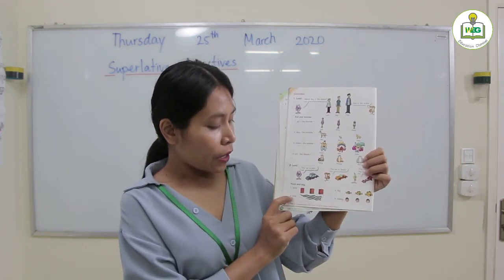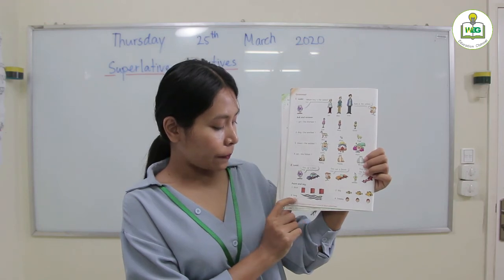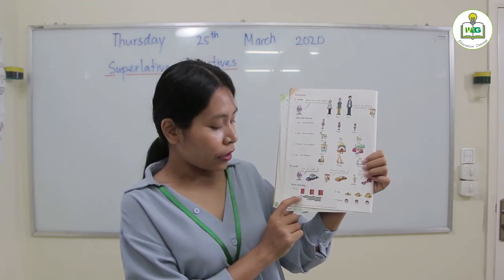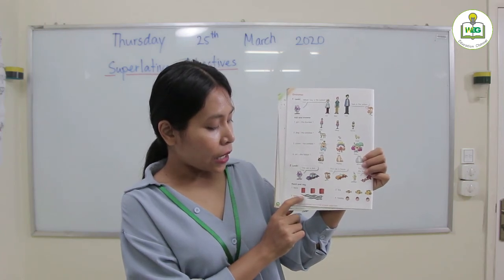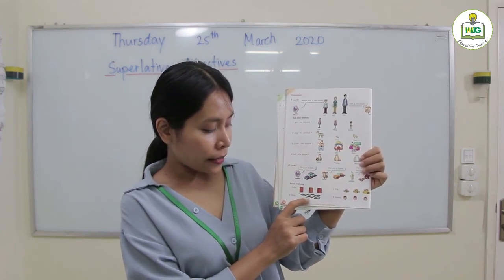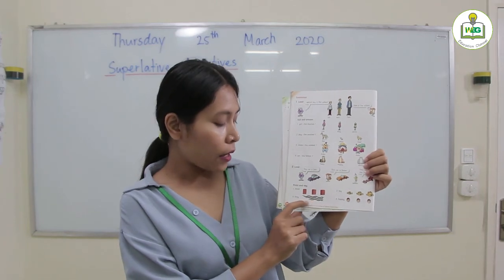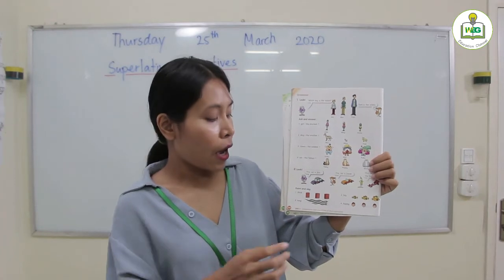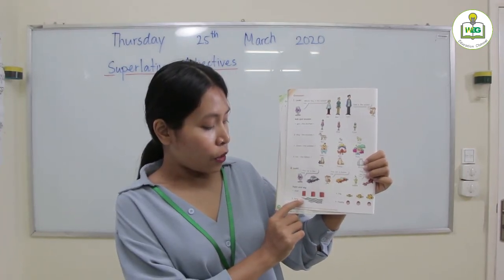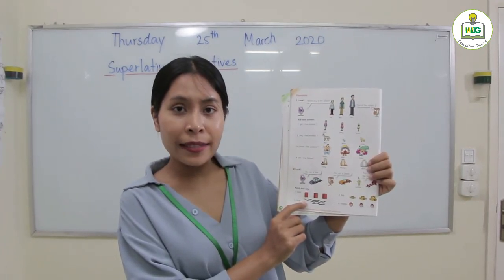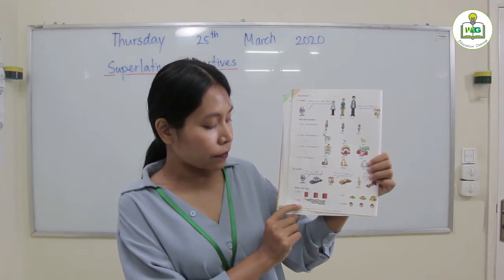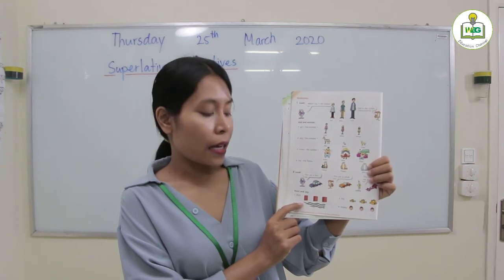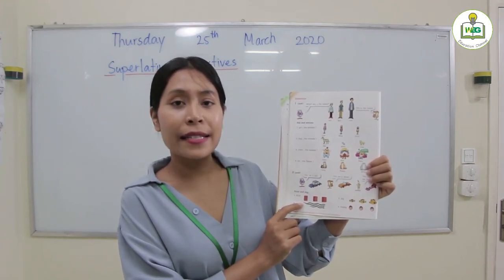Alright, number 3. Now look at these snakes. They look dangerous, aren't they? Look at the first snake, the second snake, and the last snake, the bottom one here. If you were to compare their length, which snake is the longest snake? Of course, the first snake is the longest snake.